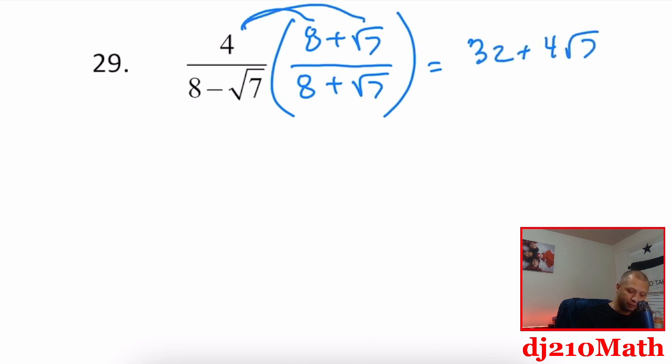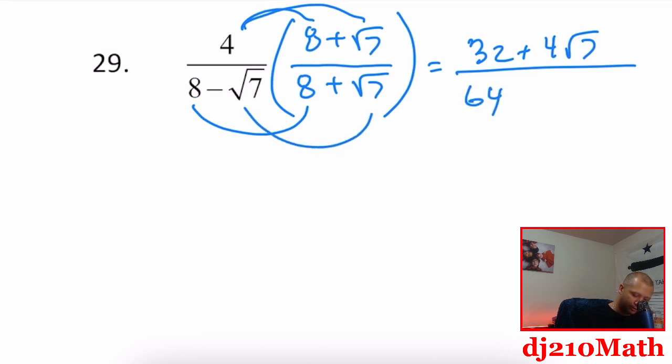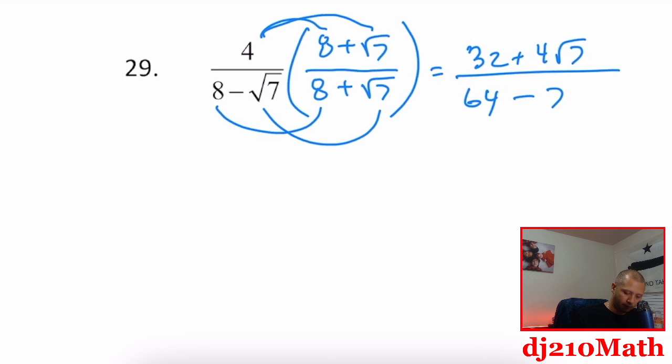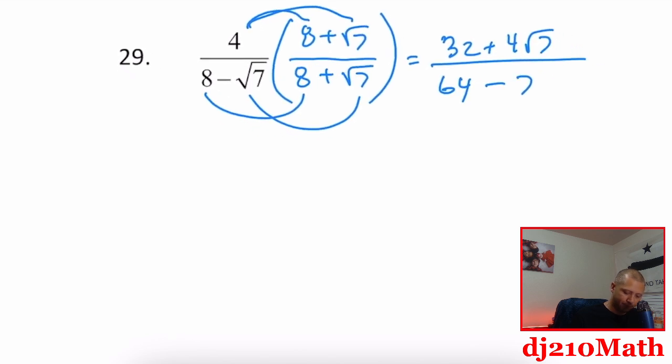Plus 4 root 7 over 8 times 8, 64. Negative times a positive is negative 7. Root 7 times root 7, 7. All right, this is going to be 64 minus 7, 57. So final answer, 32 plus 4 root 7 over 57.